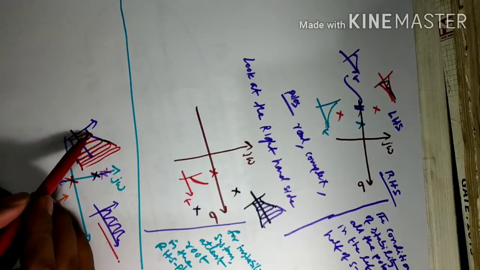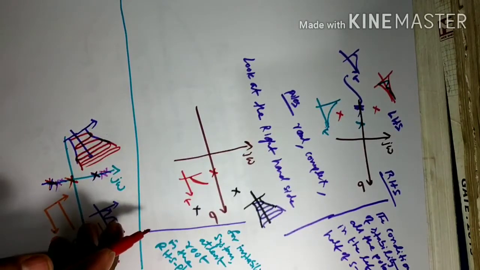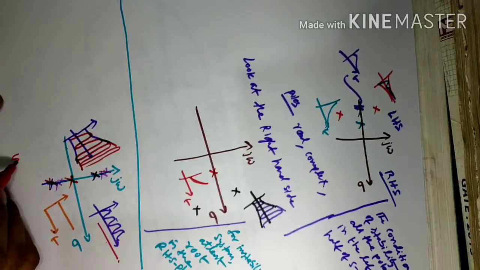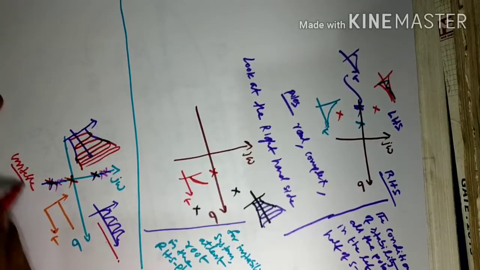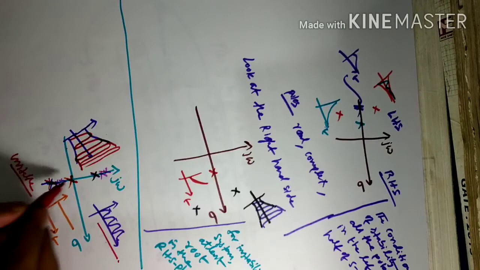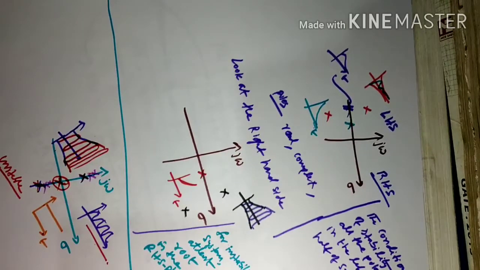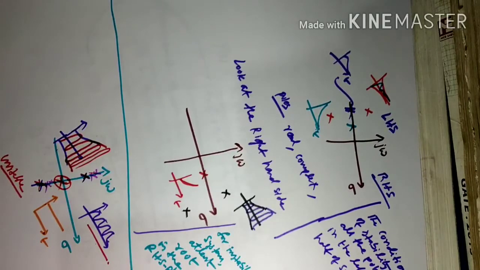This is an unstable system. So the basic definition here is that a single pole or a pole pair on the j-omega axis makes the system always unstable. That's very important to remember.